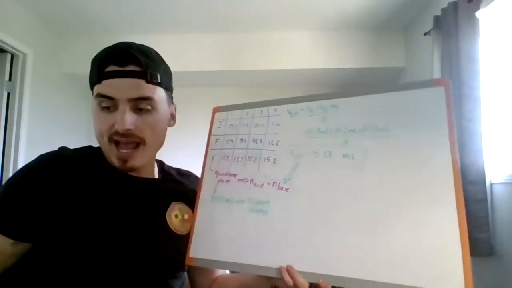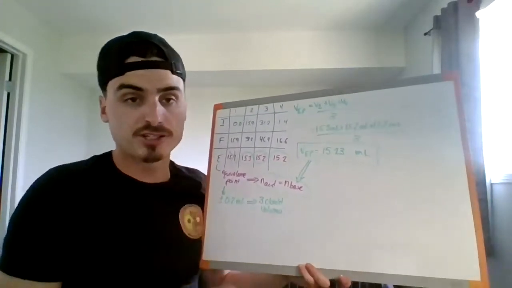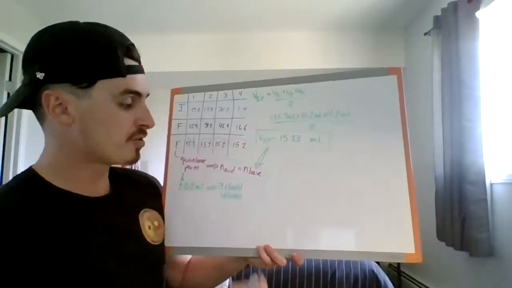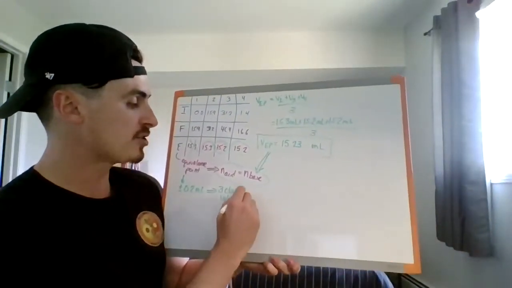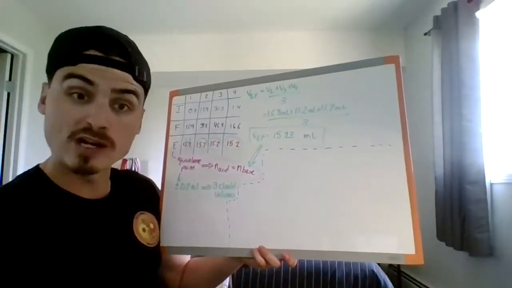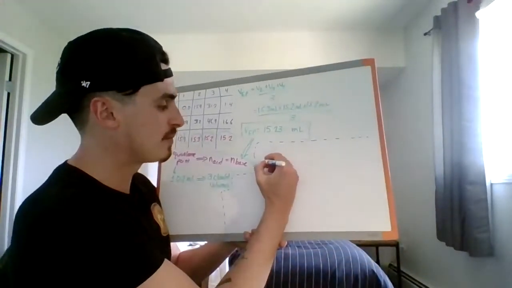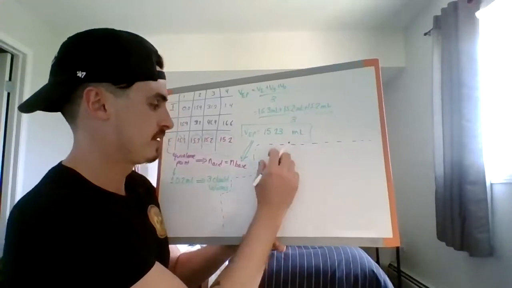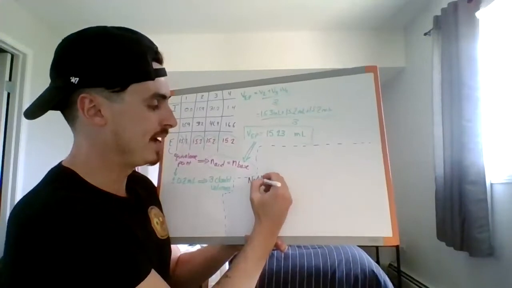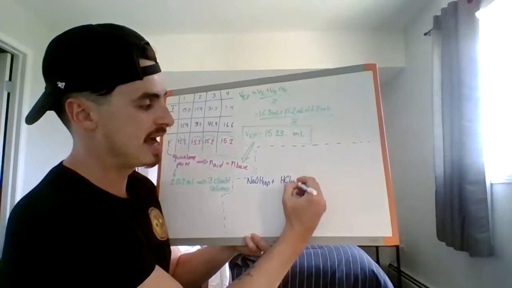So now what I have to do is answer the question. The question said, find the concentration of sodium hydroxide. Well, in order to figure out any information, I'm going to need a balanced chemical equation because I'm dealing with chemicals. So that balanced chemical equation, guys, is, let's write it down here. NaOH, sodium hydroxide, and hydrochloric acid, okay, an acid and a base.